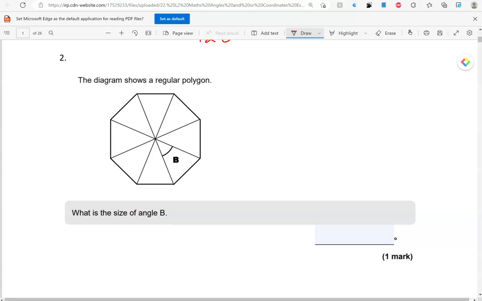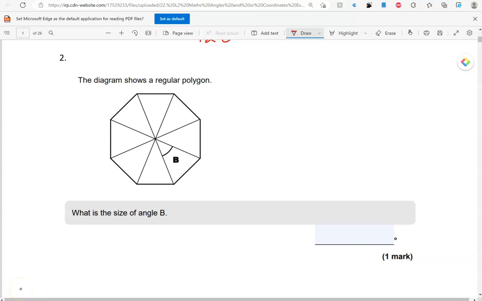The diagram shows a regular polygon. A regular polygon, be it a regular pentagon, hexagon, or whatever shape it might be, means, by saying regular, that it has equal sides and equal sized angles.